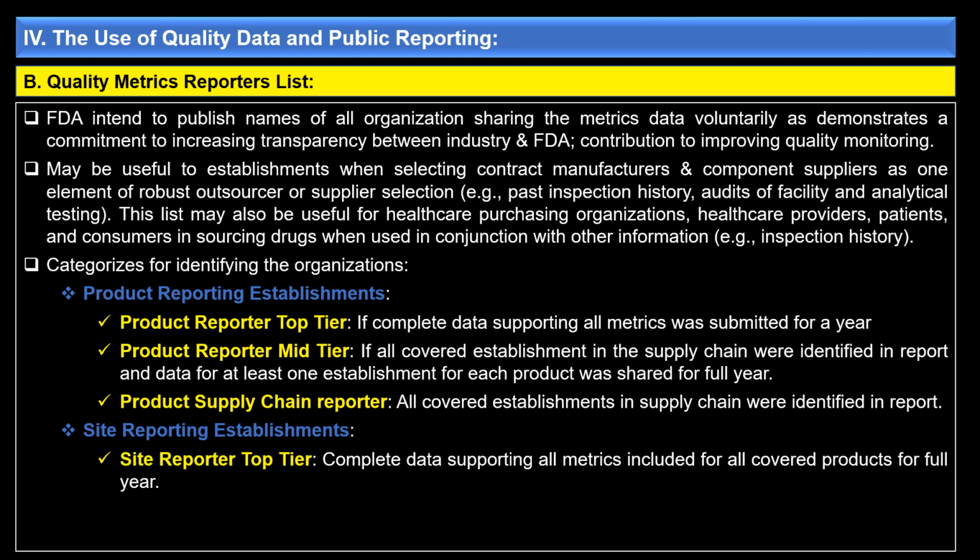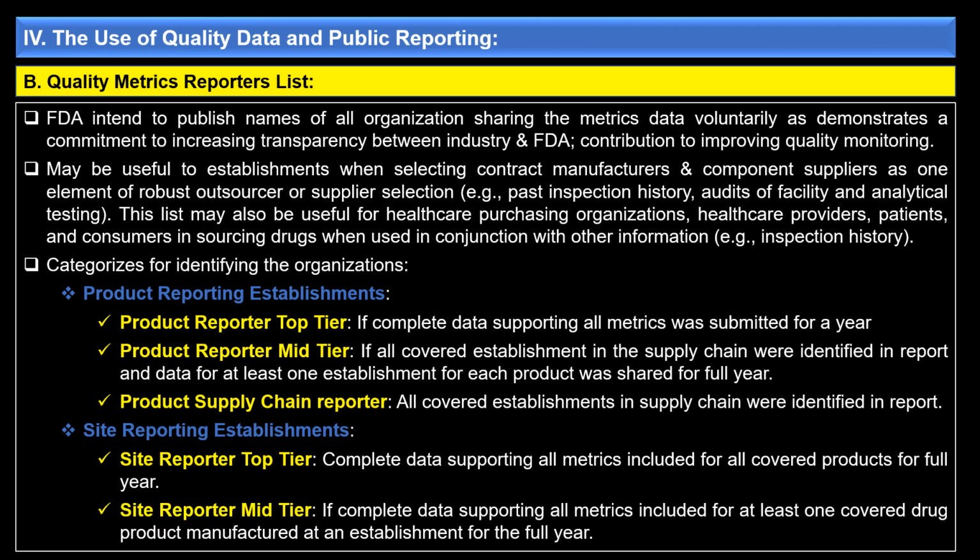Site reporter top tier: complete data supporting all metrics included for all covered products for the full year has been provided by the site. So that is a top tier site. And mid tier: if complete data supporting all metrics for at least one covered drug product manufactured at an establishment for the full year has been provided.